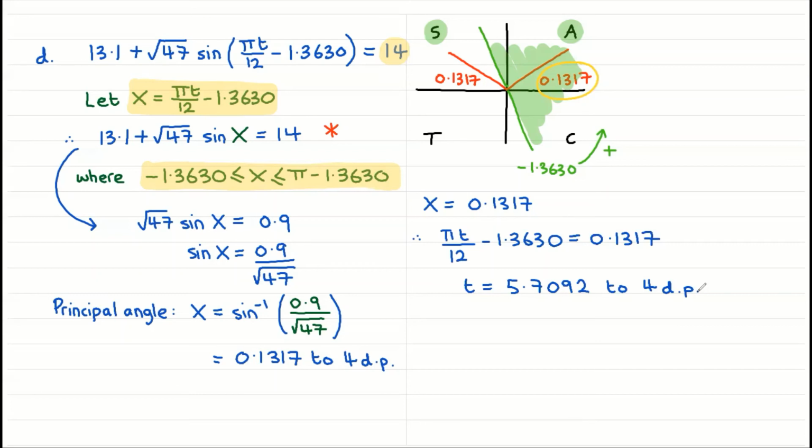Well, if we convert this into hours and minutes, you can just basically subtract the 5. So you get 0.7092 and multiply the 0.7092 by 60 as we did previously. And you'll find that you will get 5 hours. And common sense will tell you just shy of 3/4 of an hour. So it's actually 43 minutes. That's to the nearest minute.